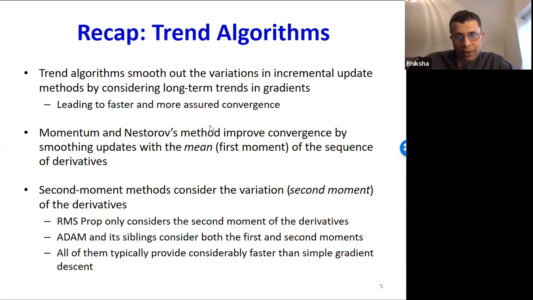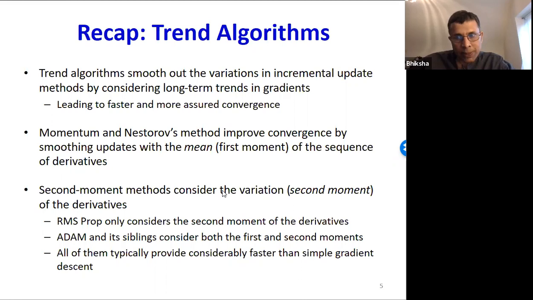Among trend algorithms, momentum and Nesterov's method improve convergence by smoothing updates using the mean, the first moment of the sequence of derivatives. Then you had second moment methods like RMSprop and Adam, which consider the variation, the second moment of the derivatives.